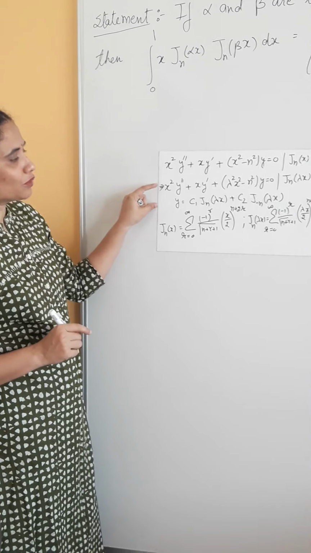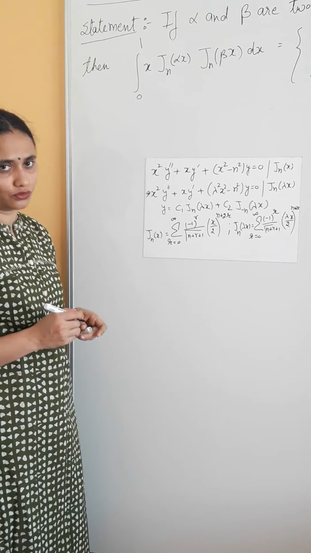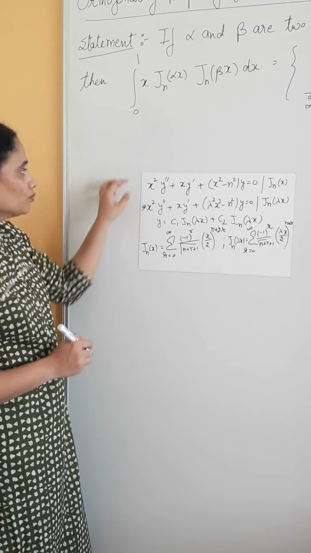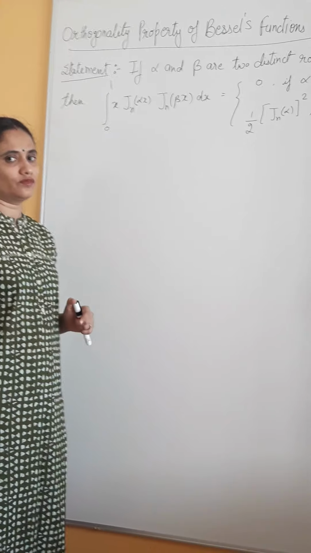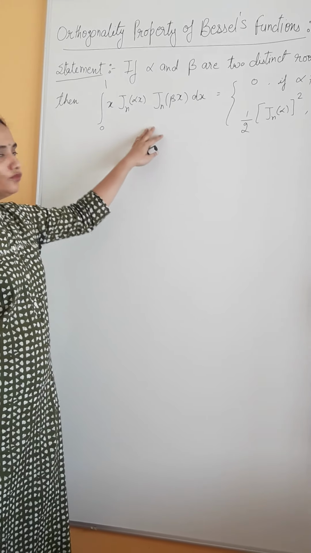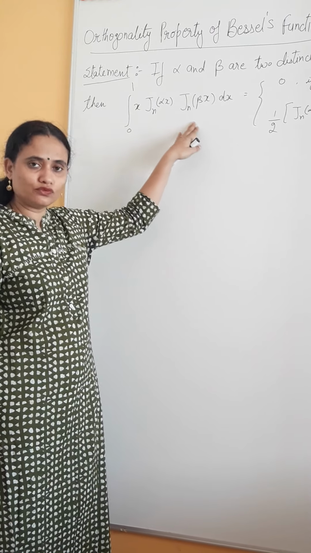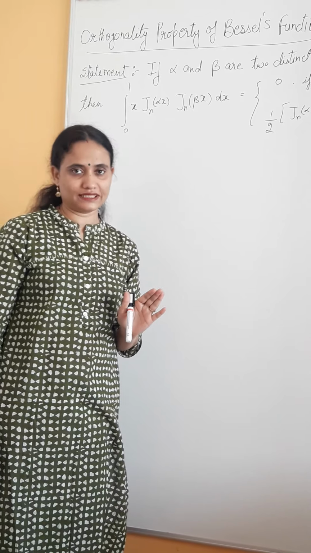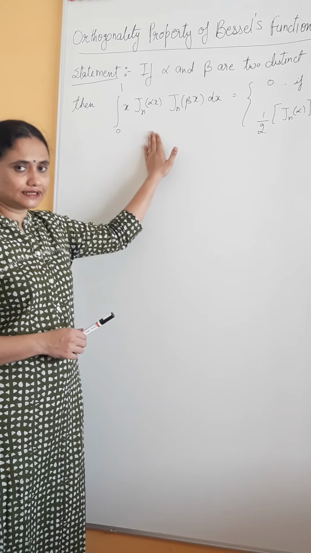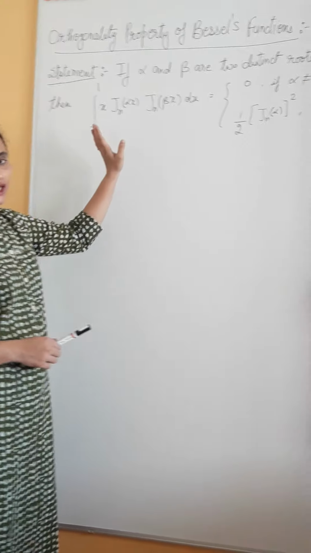Now we will use this property to prove the orthogonality. So let's get back to the orthogonality property of Bessel's function. We have already written the statement that alpha and beta are two distinct roots.